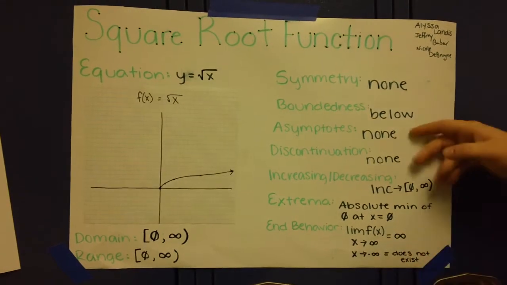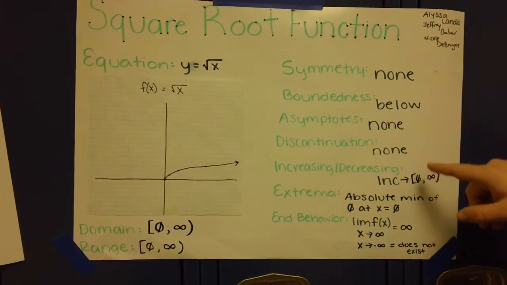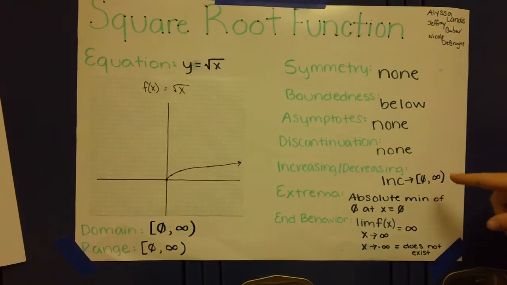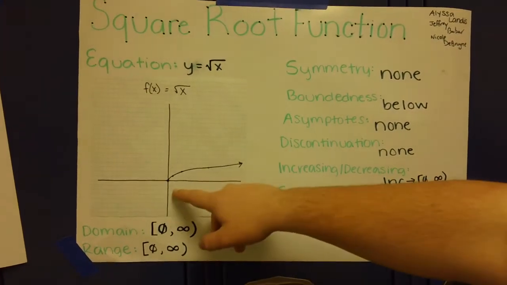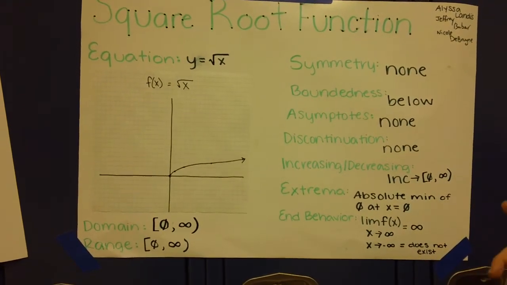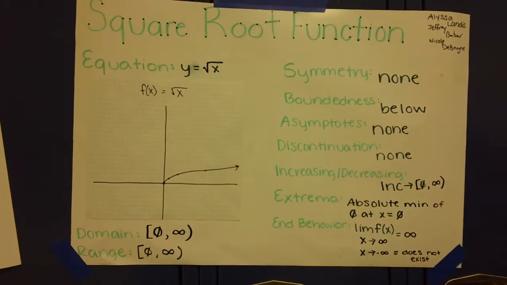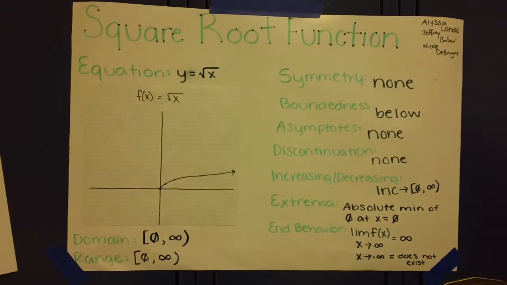Well, there's a limit at the y-axis. There are no asymptotes or discontinuities, and it's increasing starting at 0 up to infinity. There is an extrema of an absolute min of 0 at 0.